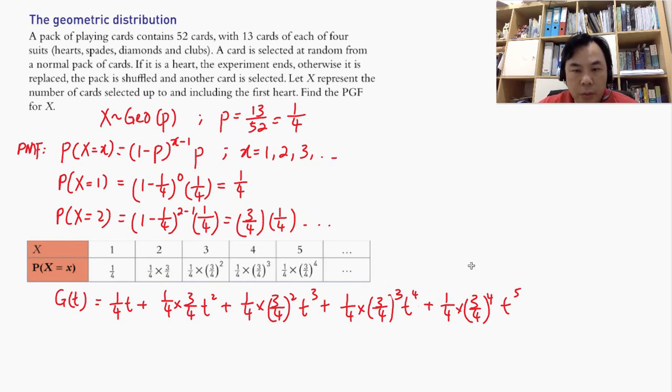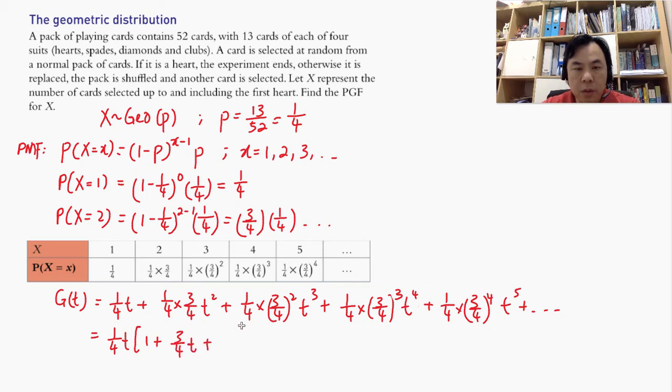Okay, now from here, of course it is an infinite series, so we can actually simplify this summation series. Let me see what we have here.